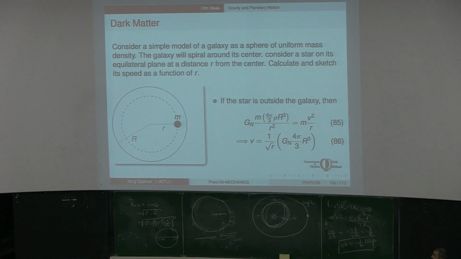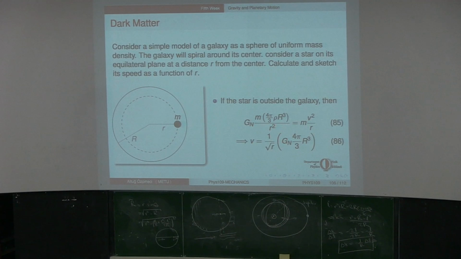Now, if you take not this star, but a star outside my galaxy, right at the edges of my galaxy, then all the mass of the galaxy is creating this gravitational pull. So Newton's constant times the mass of my star times the mass of my galaxy, the volume of the galaxy times the mass density, divided by r squared.